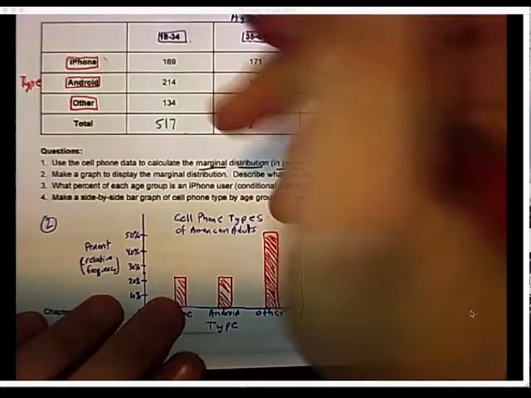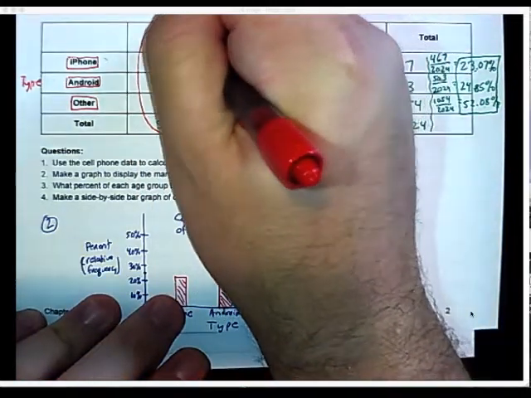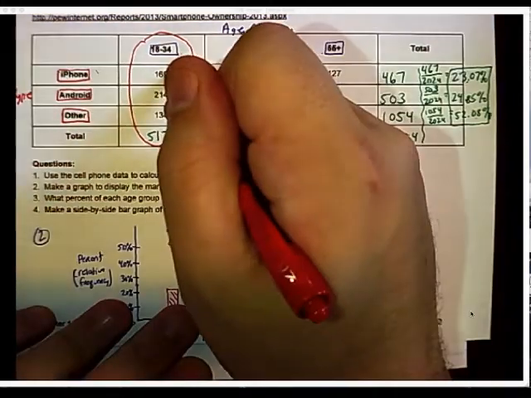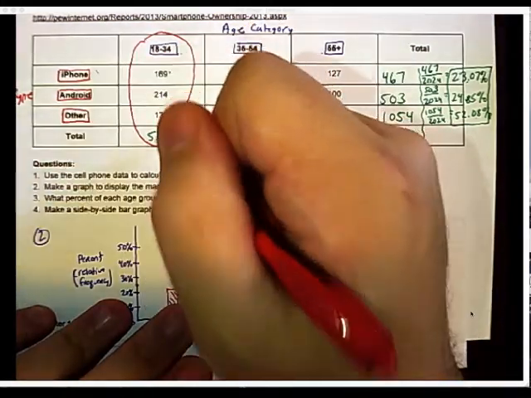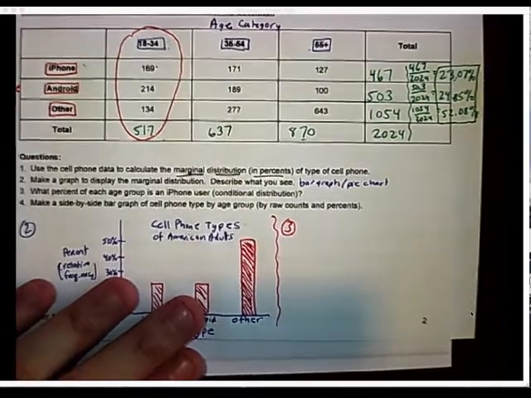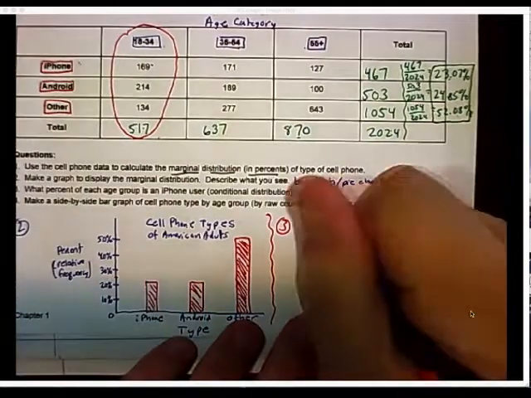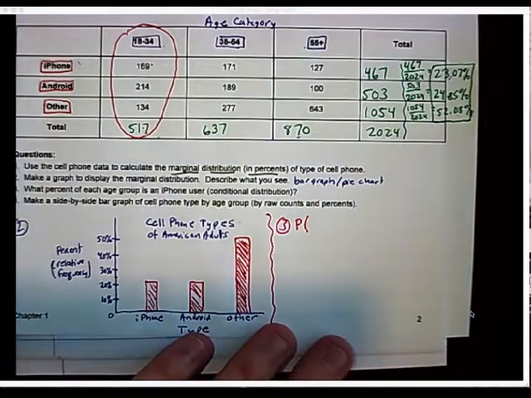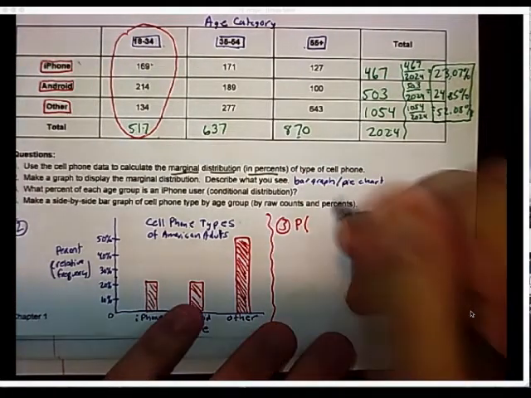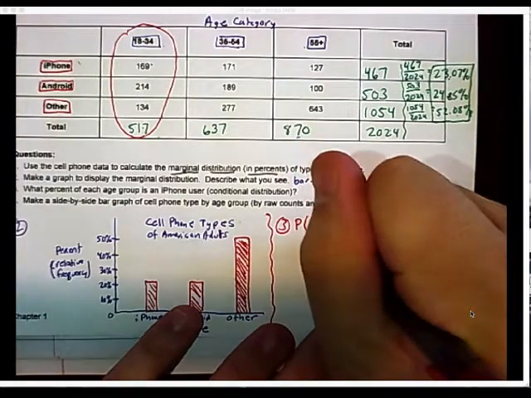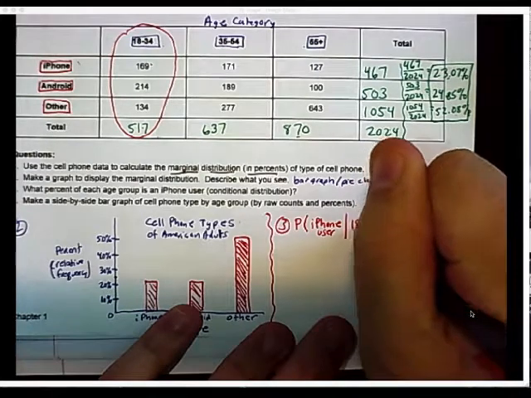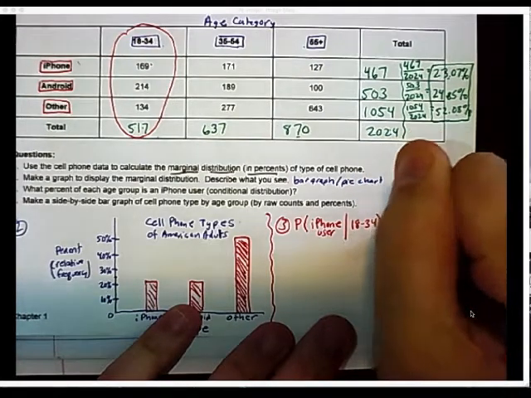So in the first age group, there's 169 iPhone users out of 517. And the way we would write this conditional, we're finding the probability, so I'm going to use a capital P, that a person is an iPhone user given that they're in the 18 to 34 age group.